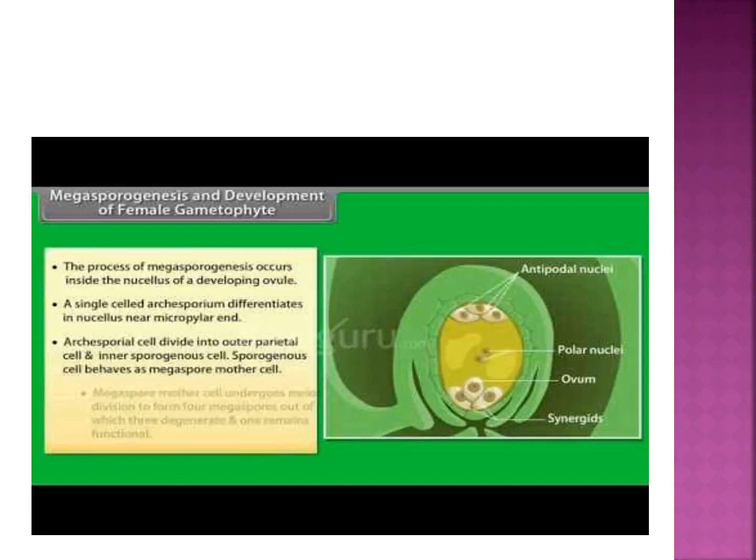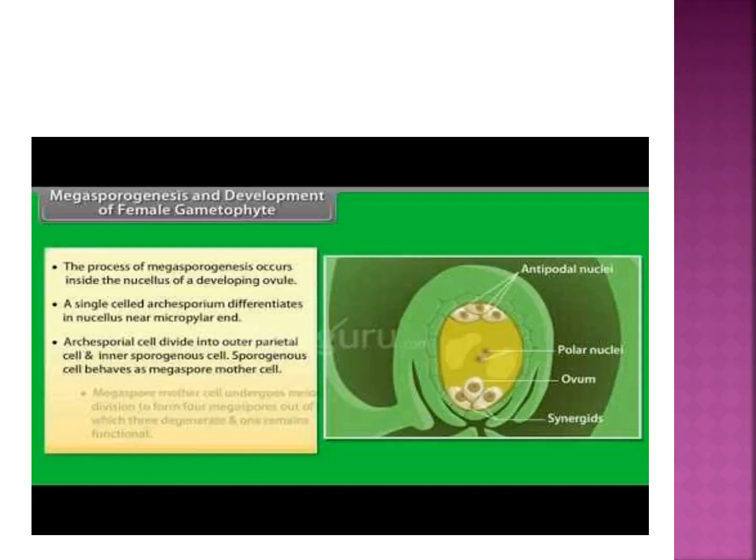The megasporogenesis occurs inside the nucellus of the developing ovule. Then a single-celled archesporium differentiates in the nucellus near the micropylar end. The cell divides into an outer parietal cell and an inner sporogenous cell. The sporogenous cell behaves as the megaspore mother cell.